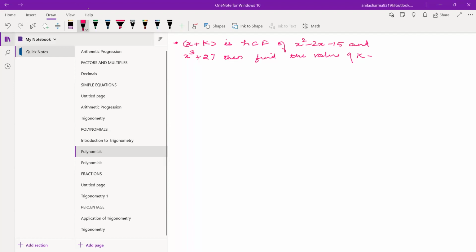Okay. So, see. You have given that x plus k is the HCF. What do you mean by HCF? It means it is a factor of x square minus 2x minus 15, right, beta? So if it is a factor, it will completely divide it. Yes, children, it will completely divide, na?